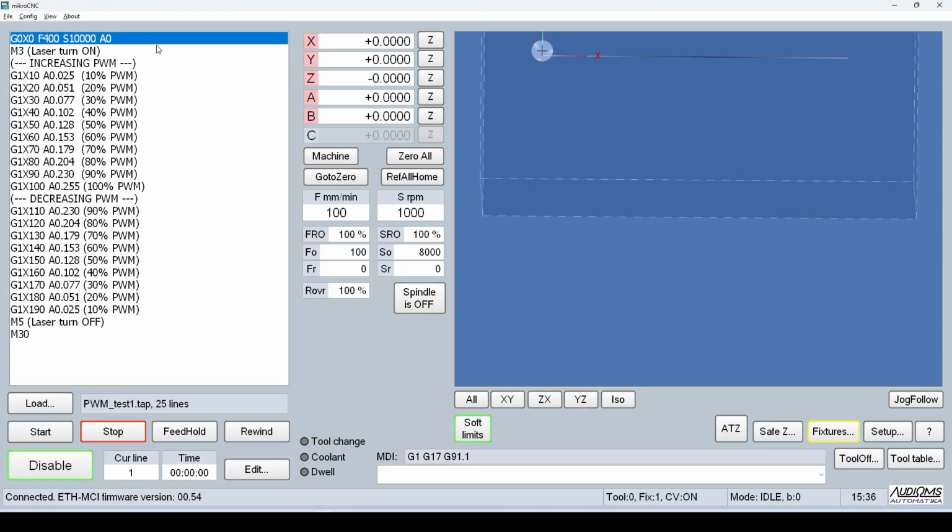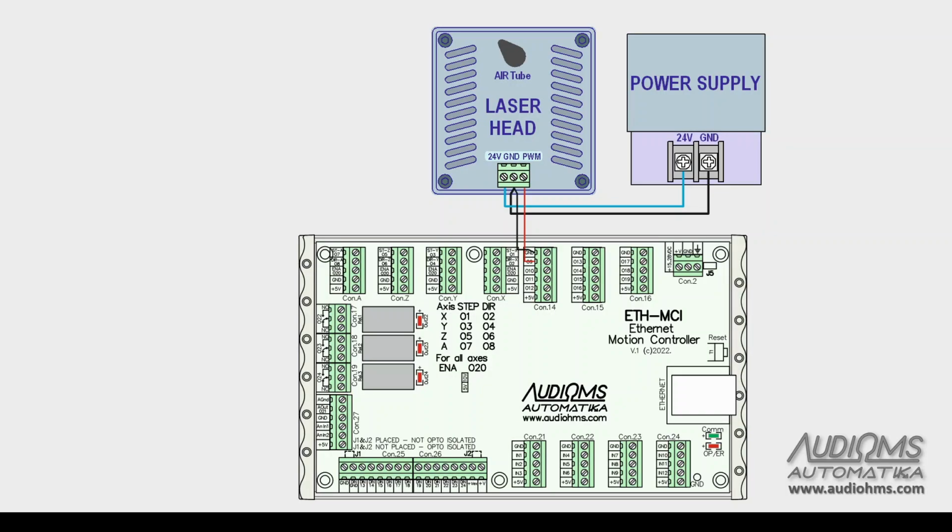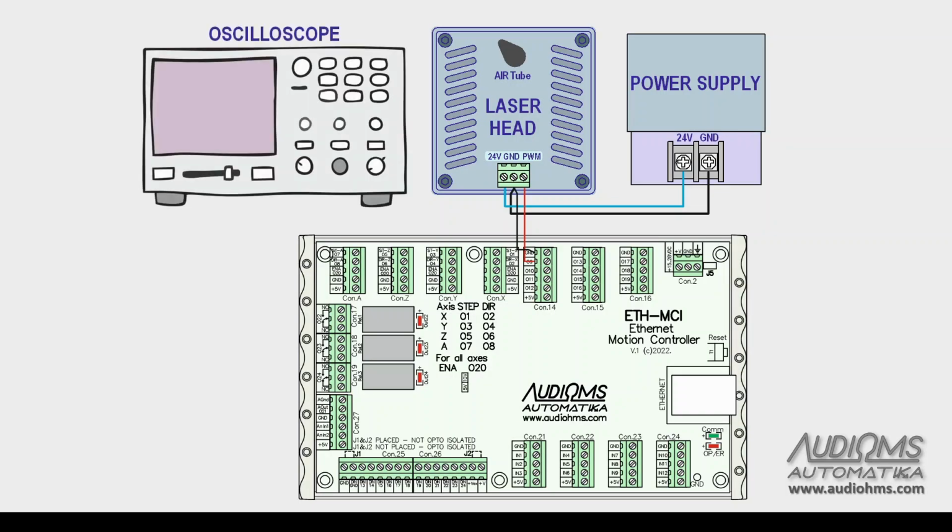Back to Micro CNC, we imported a G-code program similar to the example we just went over. The only difference is that now the laser gradually increases its power until the halfway point, and then gradually decreases its power until the end. We can use an oscilloscope to monitor the actual PWM signal generated by our motion controller.